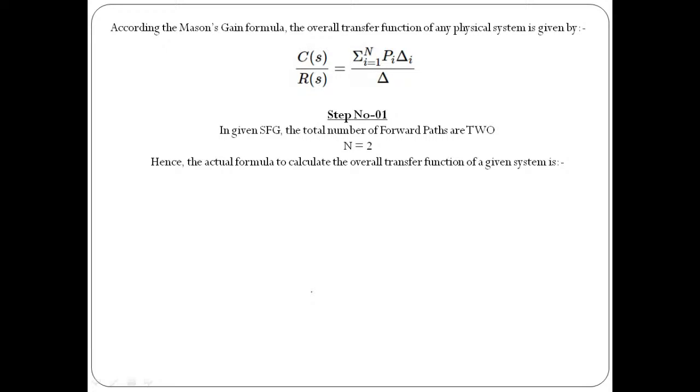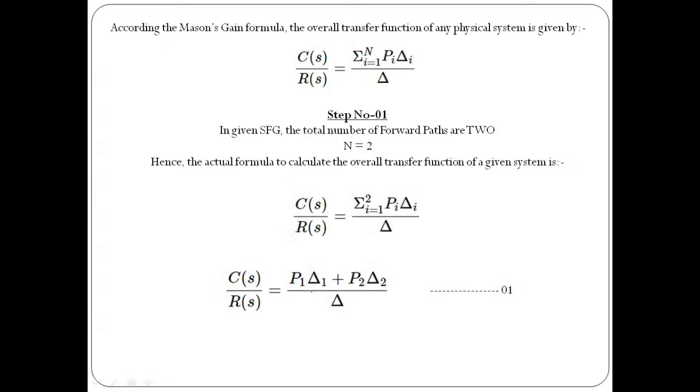So in step number 1, we need to identify the number of forward paths and reduce the formula into the specific one, with p1, p2, delta 1, delta 2, and delta. Then reduce that particular formula to this equation.